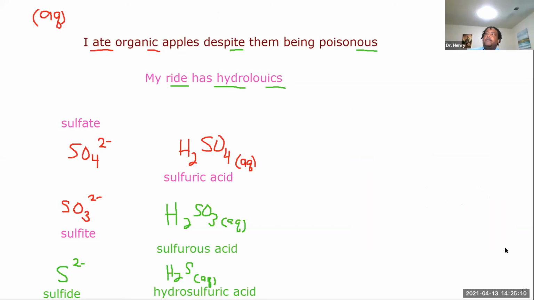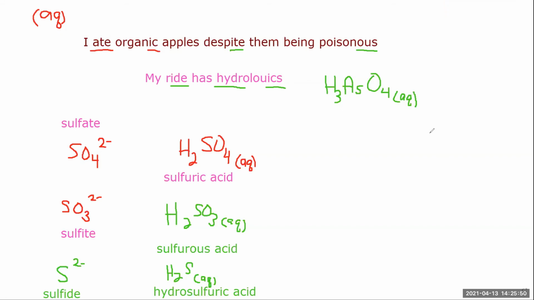Okay, so let's test this out. What if I have H3AsO4 (aq)? Would that be arsenic?